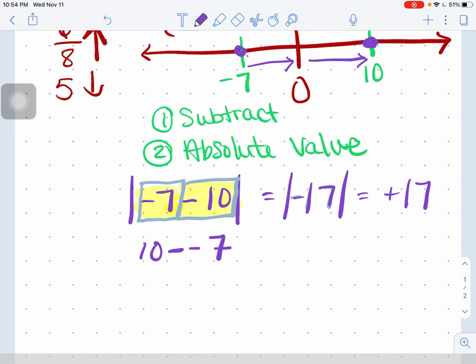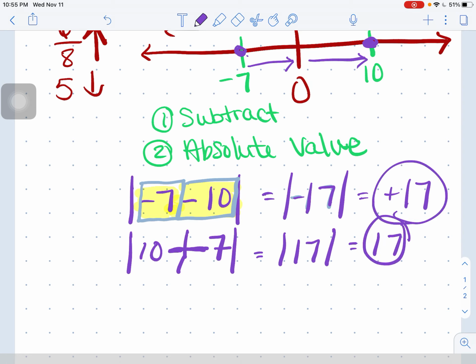I have to put subtract and the negative in absolute value bars. We all know that 2 negatives make a positive, which would give me the absolute value of positive 17, which is 17. So it did not change my answer. You can start with whichever number you want first, and that's because we're finding the absolute value when we're done.